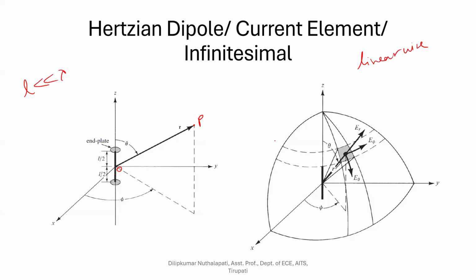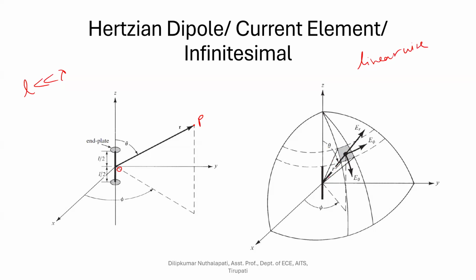The right side figure shows the same current element placed in a spherical coordinate system. Here again the shaded portion is a small differential element, and r, theta, phi are the spherical coordinate components.